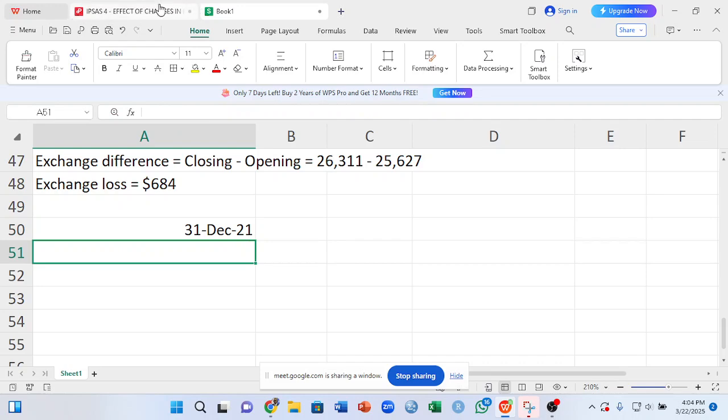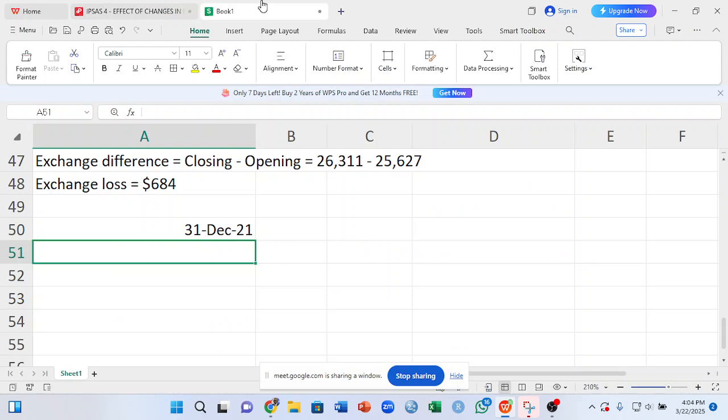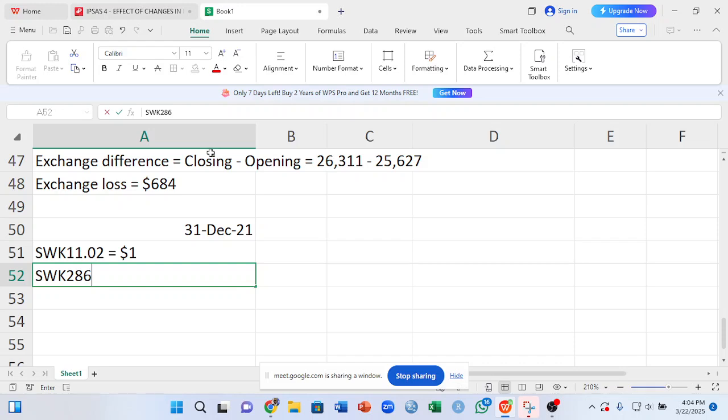So we bring the exchange rate. That's SEK 11.02 to $1. Then we translate. Remember our original figure was 286,000 equal to question mark.